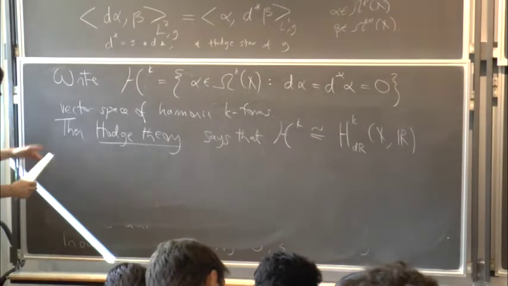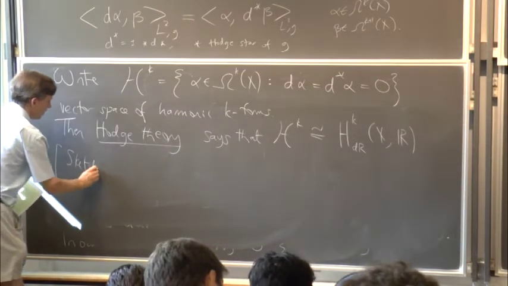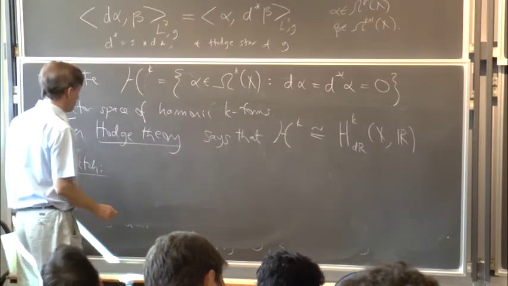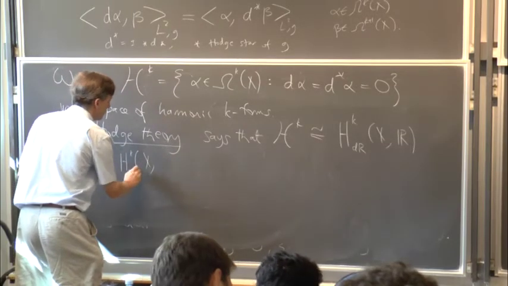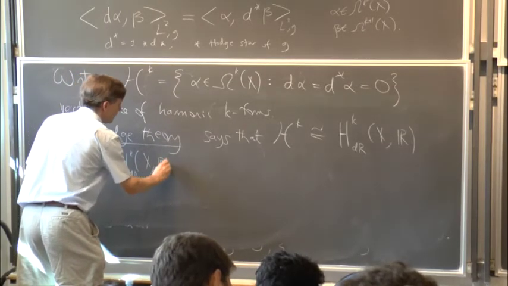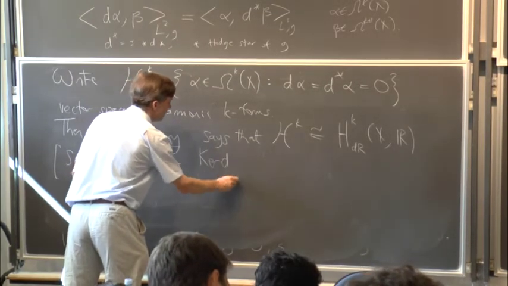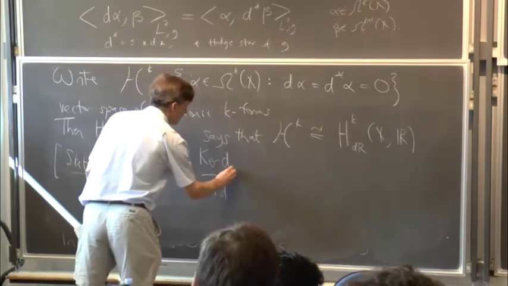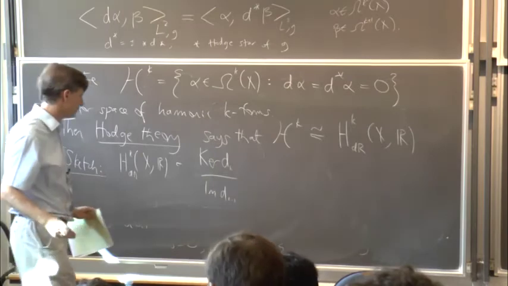As a sketch of why this Hodge theory is true, H^k(X) is basically the kernel of d_k over the image of d_{k-1}, d on (k-1)-forms.